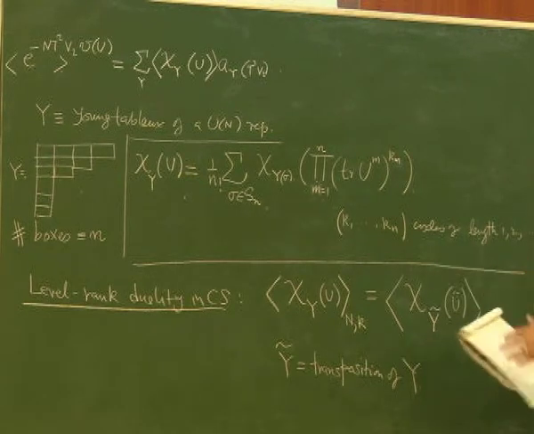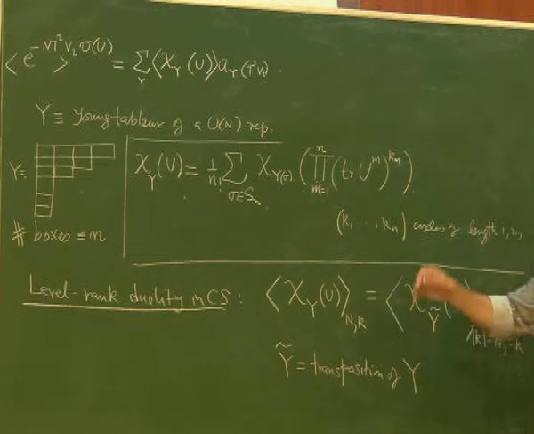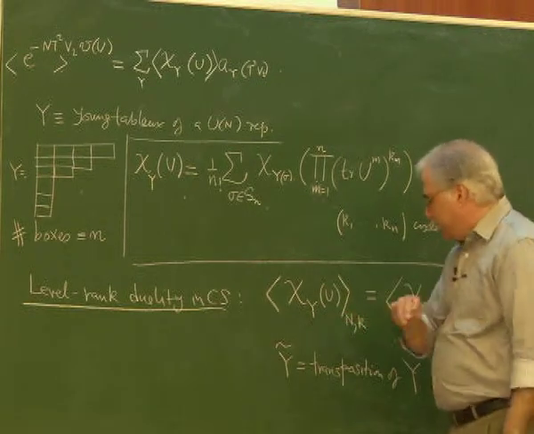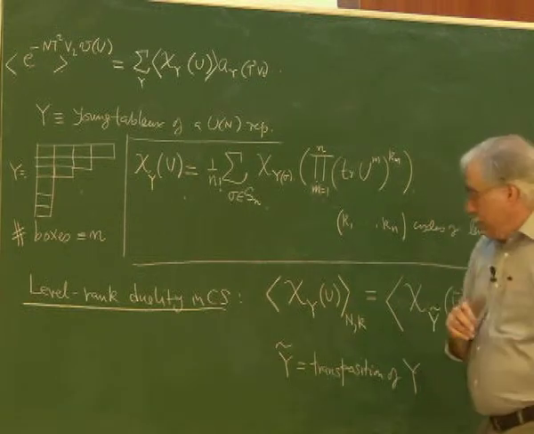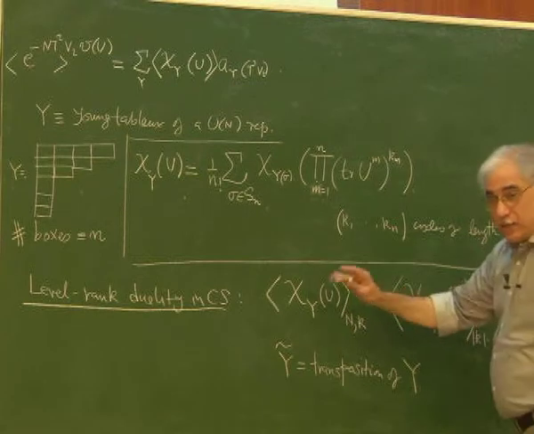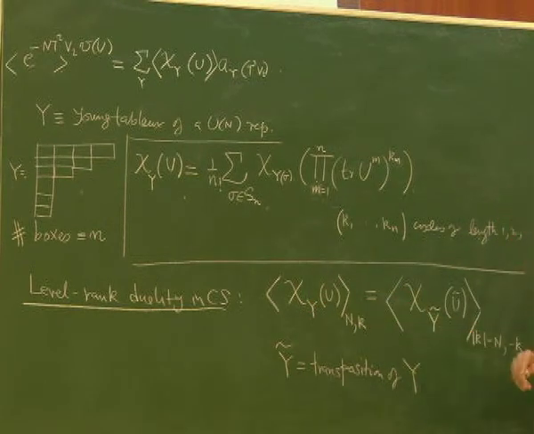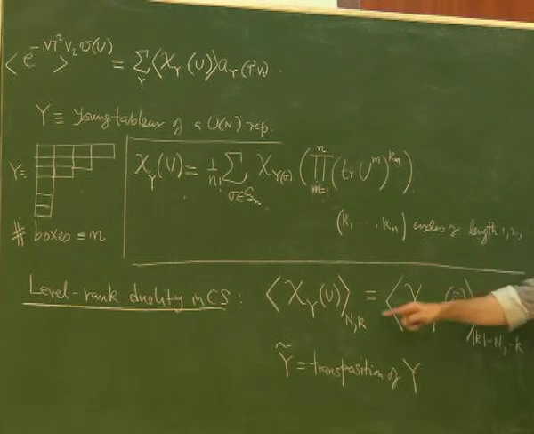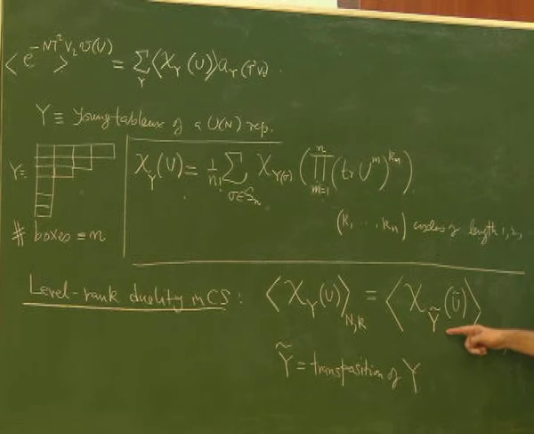So I say it this way: take a character of a certain representation given by Y. This expectation value in this theory is identical to the expectation value of another object, Y went to Y twiddle, in another gauge theory given by this rank and this level. This is the statement of level rank duality.